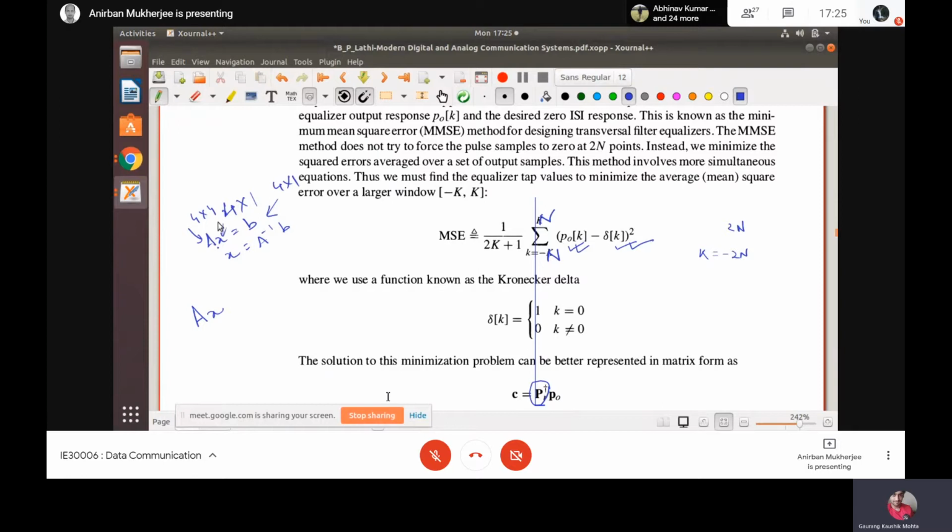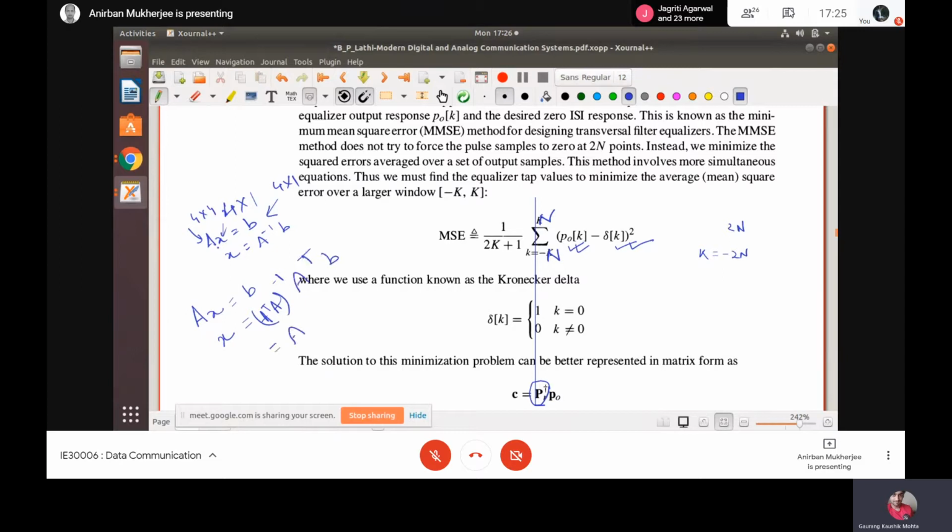Instead of that, you take a larger number of equations and 4 unknowns, where b is some sort of measurement, and if it is noisy, then you take a number of measured equations. If it is noise free, you will get the same solution. But you cannot calculate A inverse, because A is a tall matrix: the number of rows is more than the number of columns. At that time, we use A transpose A whole inverse A transpose.